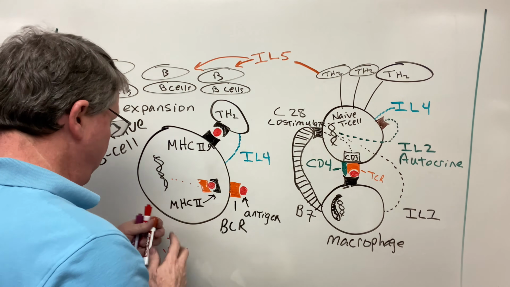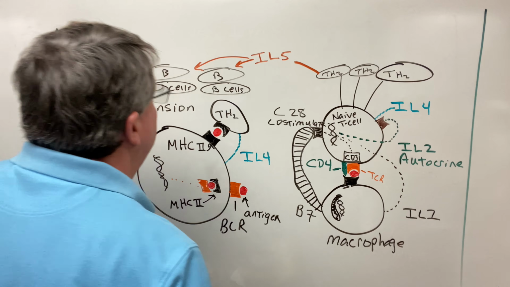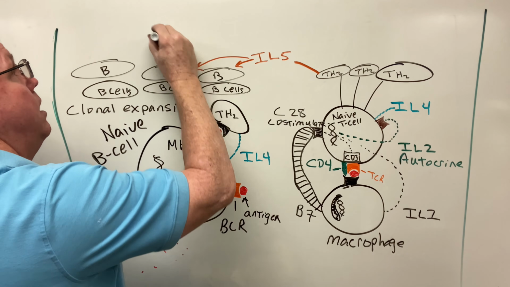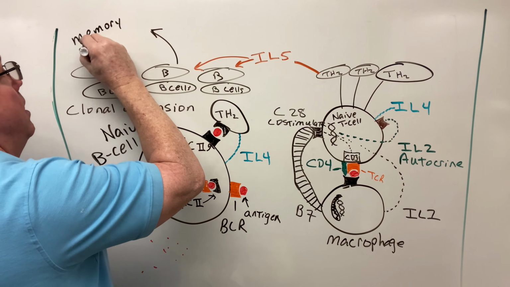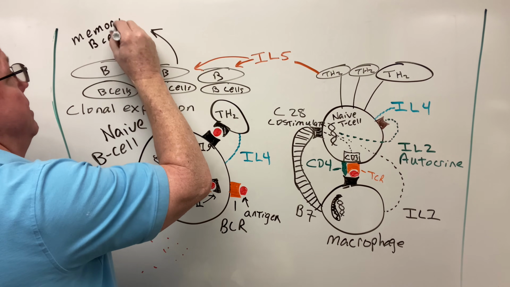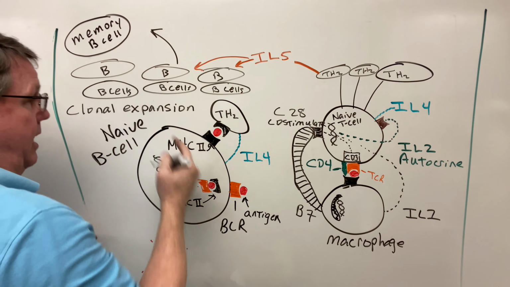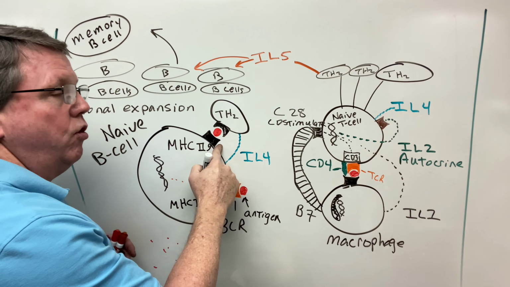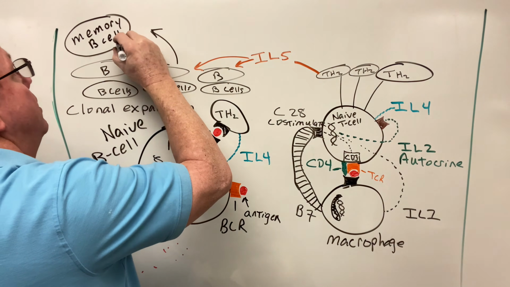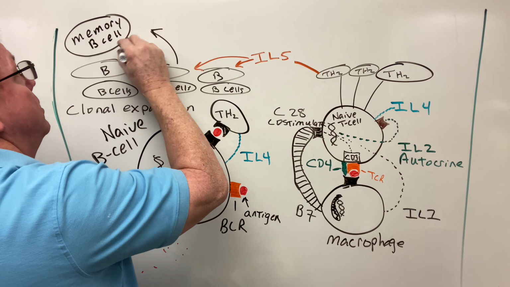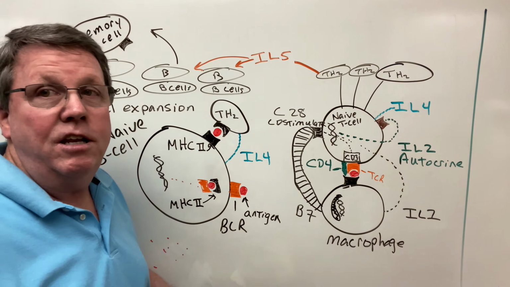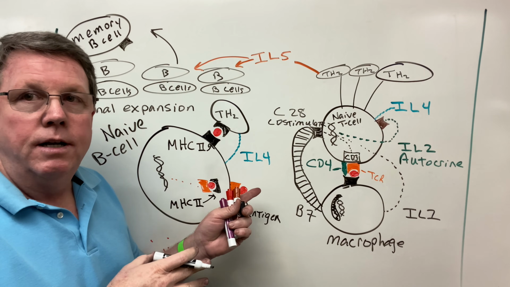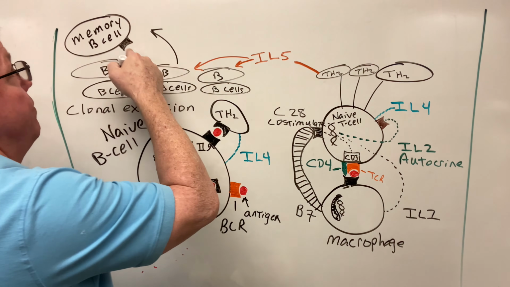These B cells can either go on and become memory B cells. And what a memory B cell is, it's a B cell. It's going to have the MHC2 receptor on here. So that way, the next time this pathogen comes in, the body's ready for it. Okay? So that's one of the things it can do.